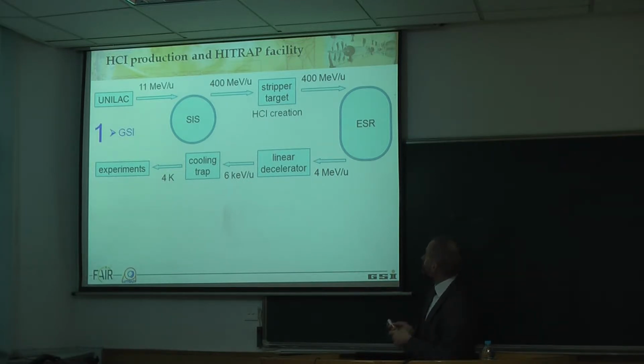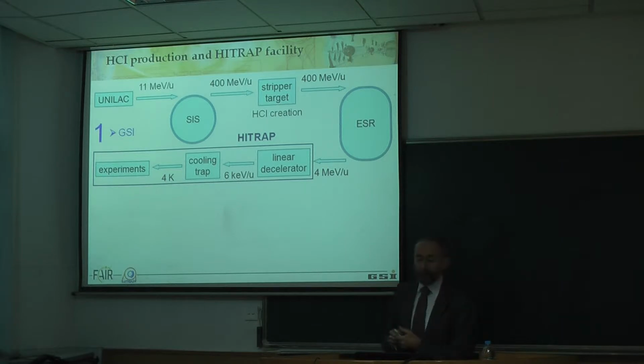And so this is the HITRAP beamline, which is being developed at GSI, and it's essentially an inverse accelerator. So it takes ions from the ESR, which have been reduced to 4 MeV.